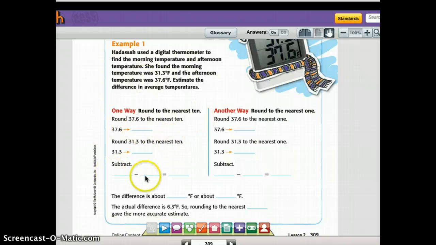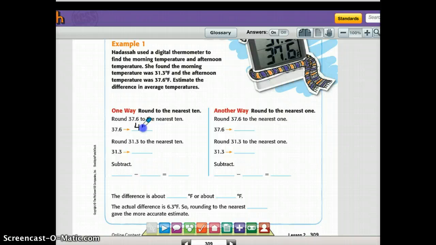So one way here is to round to the nearest 10. So we can round 37 and 6/10 up to the nearest tens place. If I'm rounding to the nearest tens place, then I will look at the number to the right of it. So I'm looking at this 7 to determine if I'm rounding up or down. Since it's above 5, I'm going to round up. So I'll round 37 and 6/10 to 40.